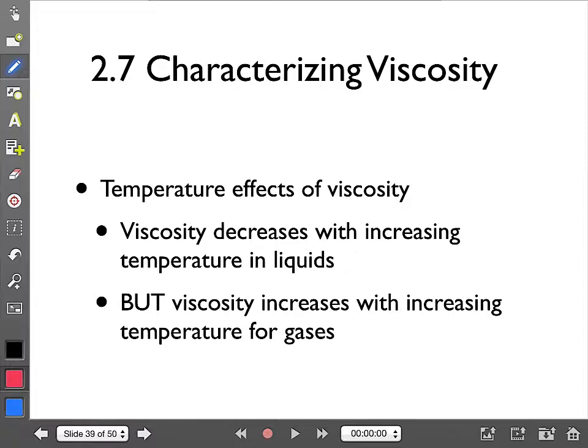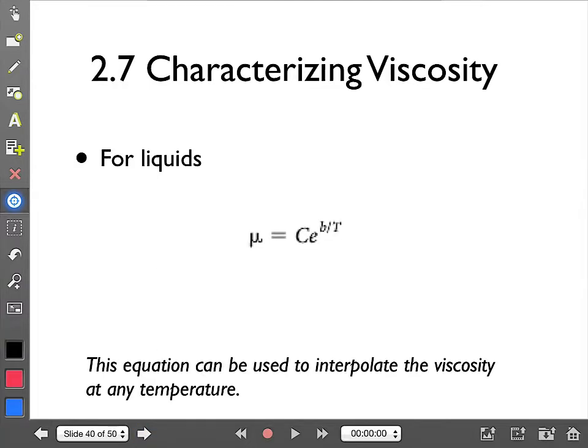Viscosity decreases with increasing temperature in liquids, but viscosity increases with increasing temperature for gases. So you need to be careful when you're dealing with temperature effects and viscosity to make sure that you deal with the way that liquids and gases are different.